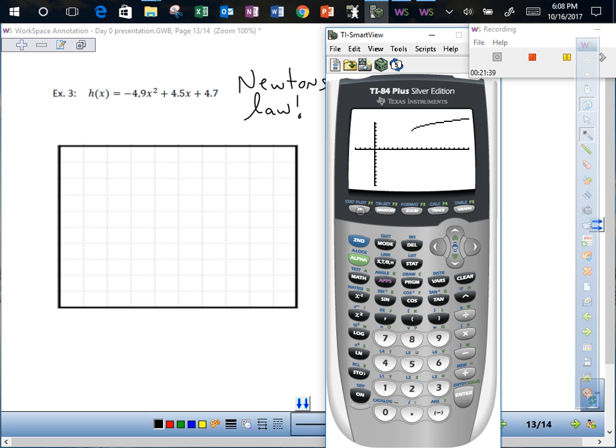So I can't have negative time. So when I come in to graph this, let's go negative 4.9x squared plus 4.5x plus 4.7. Now, notice that when I graph this, I've got that. So I'm going to go ahead and zoom 6.